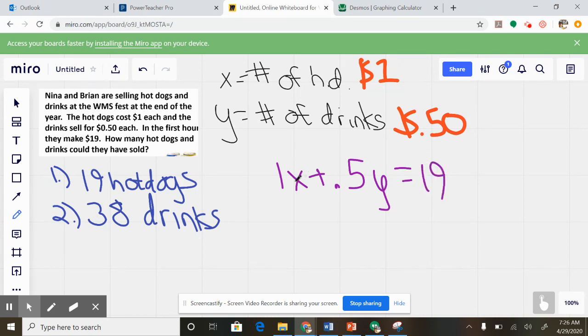I don't know the number of hot dogs I'm selling. I don't know the number of drinks I'm selling, but I know I'm going to pay $1 each for the hot dog and 50 cents each for the drinks. And I also know it comes out to $19. The problem told me all that.